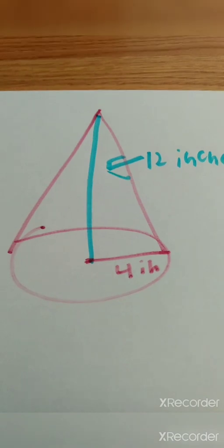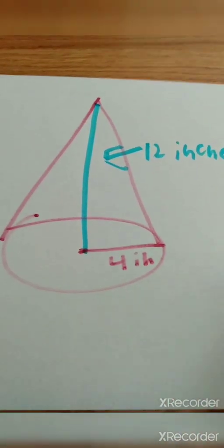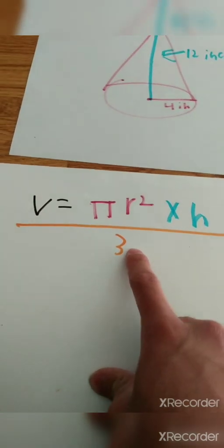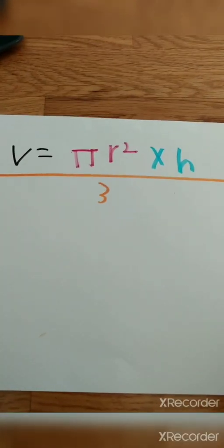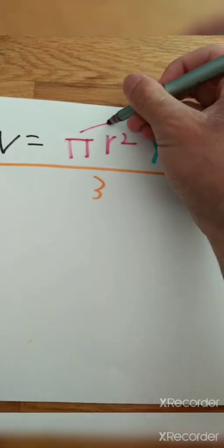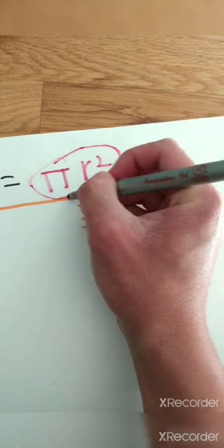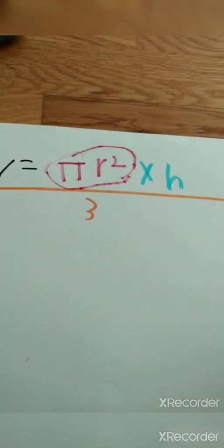But wait, before we solve the volume for a cone, did you ever notice something strange about the formula? Well, what I found out is that pi r squared is actually the formula for finding the area of a circle.